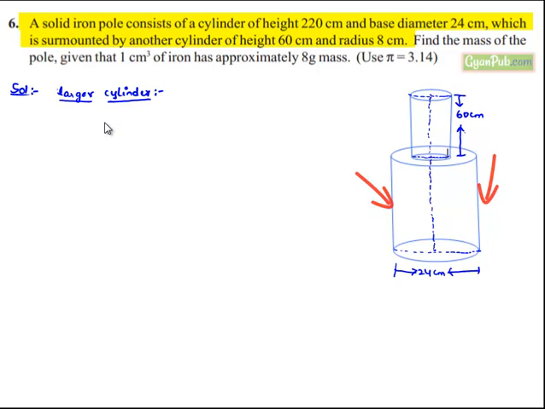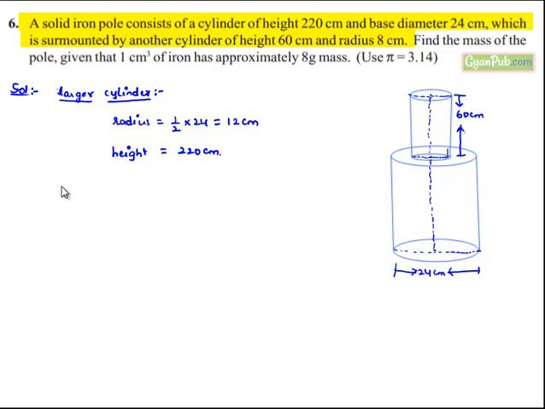Here the diameter is given as 24 centimeters. So from this we can obtain the radius, which is equal to half of the diameter, that is half times 24, which is equal to 12 centimeters. And here we consider the height of the cylinder, h is equal to 220 centimeters.